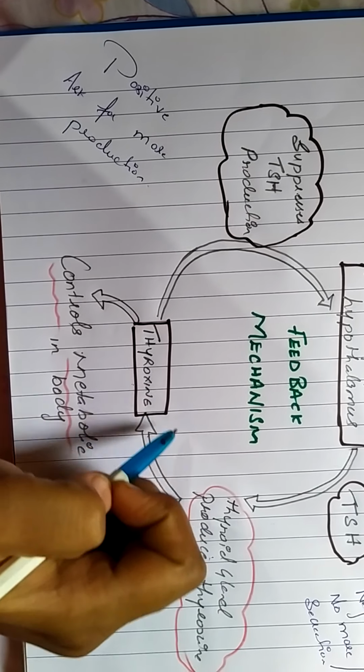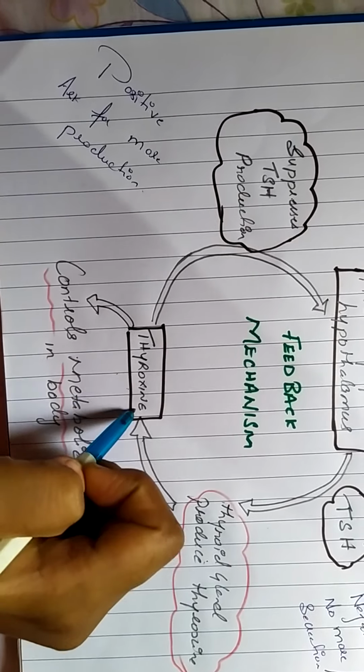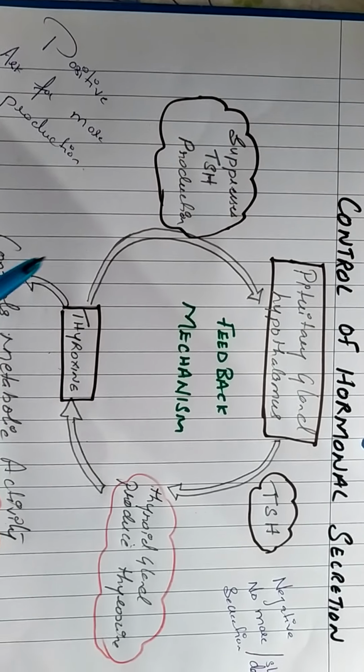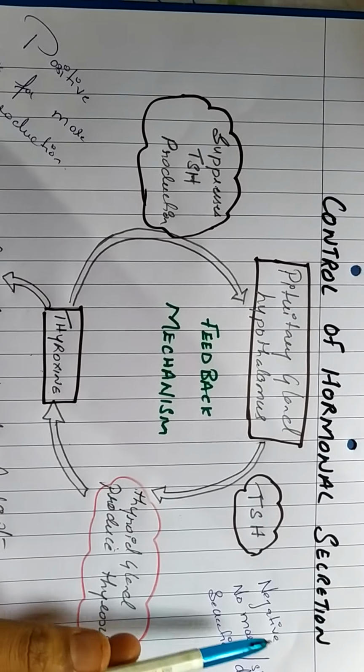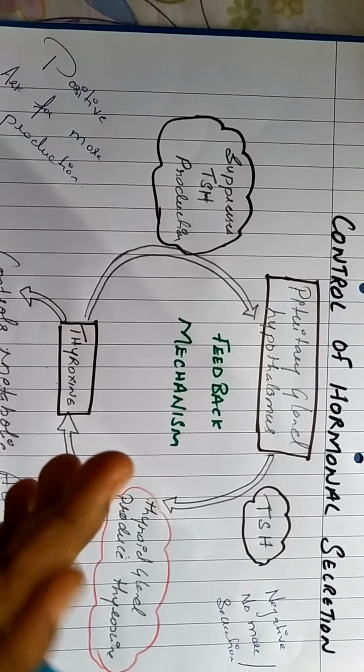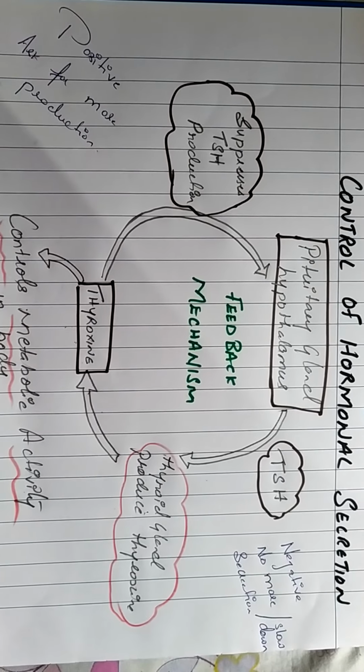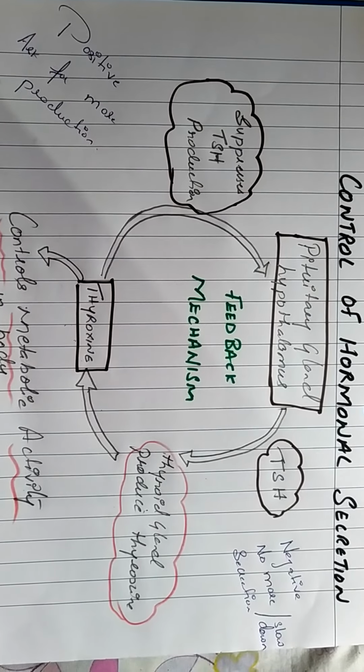This type of feedback mechanism is called the positive feedback mechanism, and these all control the metabolic activity. Whether a negative or a positive feedback takes place, it controls whether to produce more, no more, or slow down the secretion of the hormones. So this is the feedback mechanism which helps to maintain and control hormone secretion.